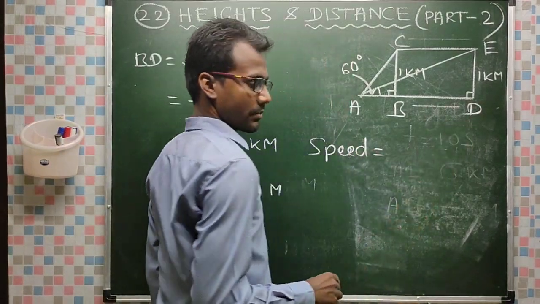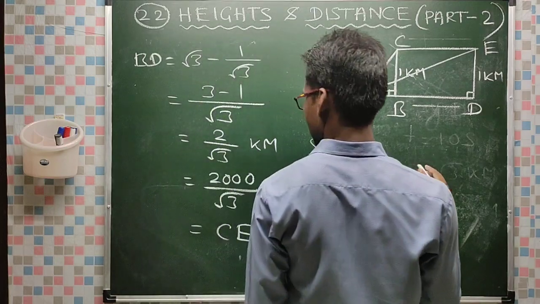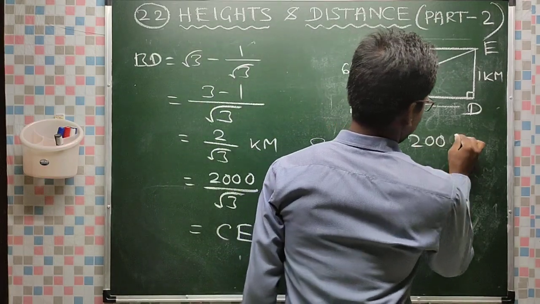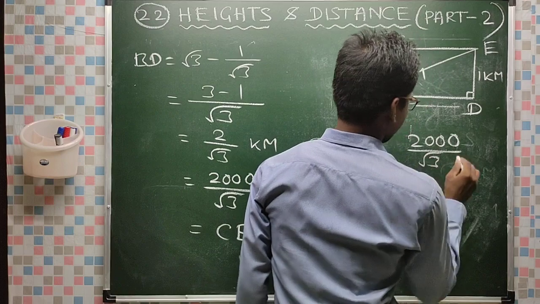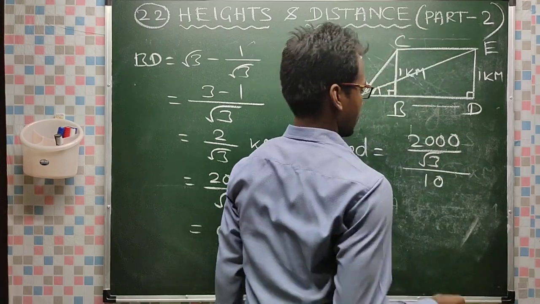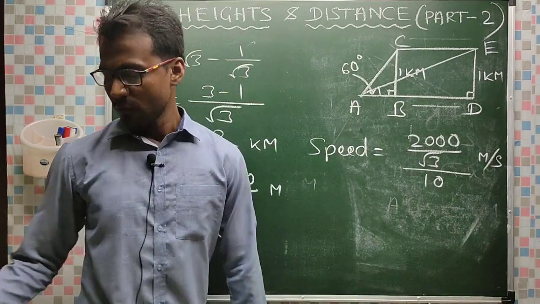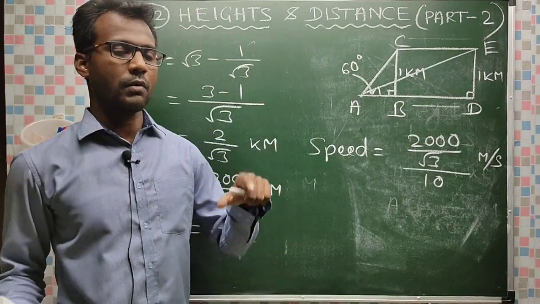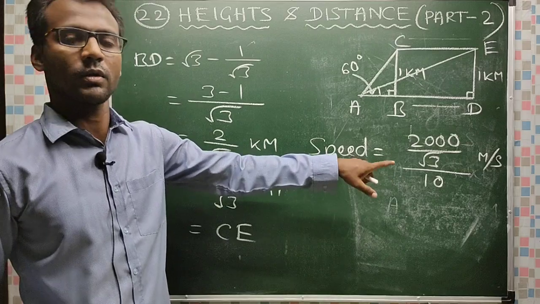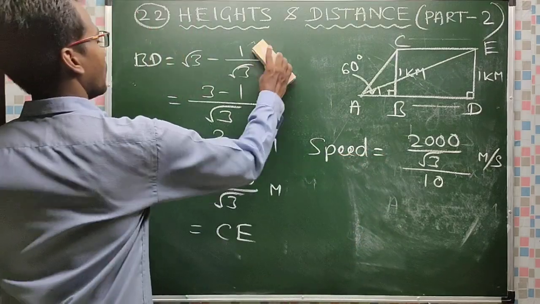Speed equal distance by time. Okay, distance by time means 2000 by root 3 by 10 meter per second. Okay, we have been asked to find the speed in kilometers per hour. First, let us find in meter per second, then we will convert to kilometer per hour.